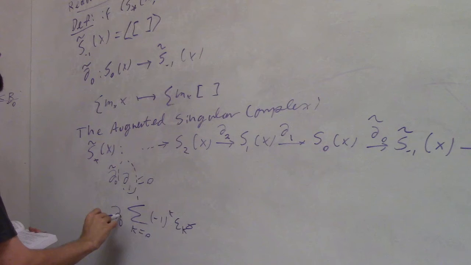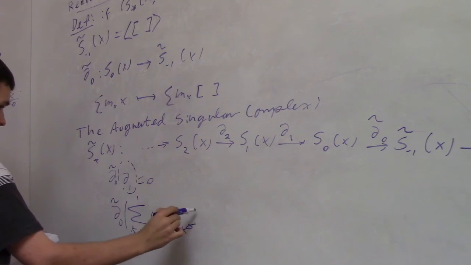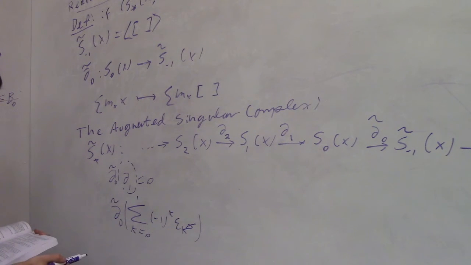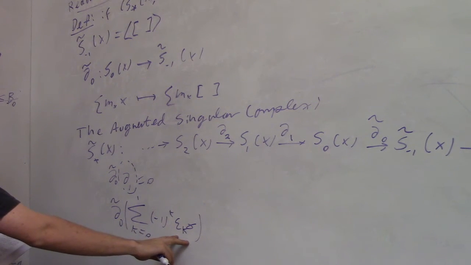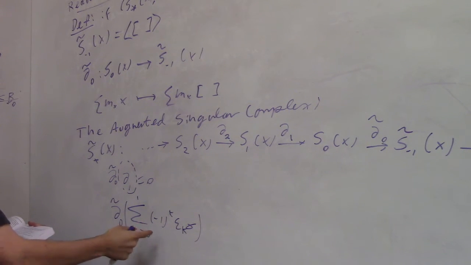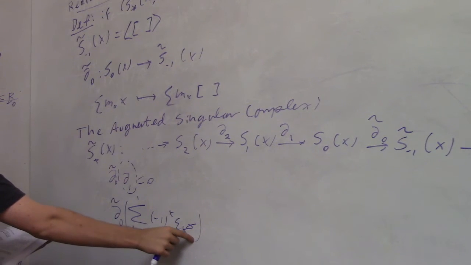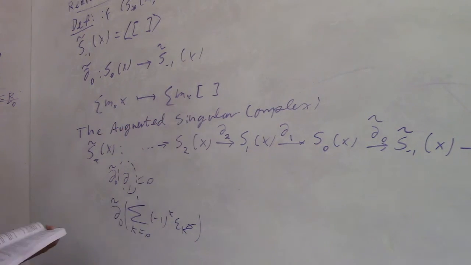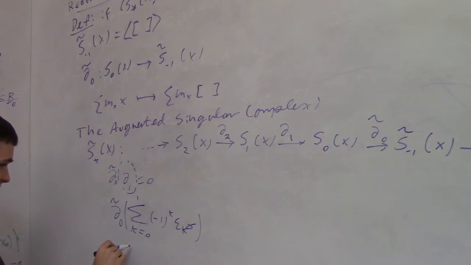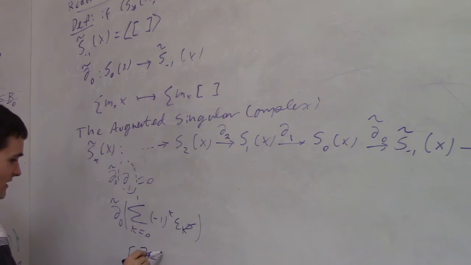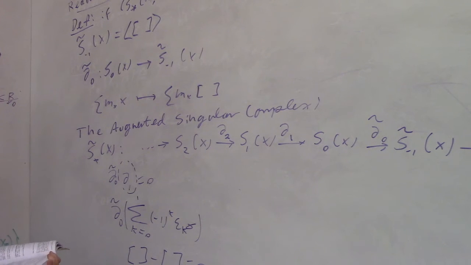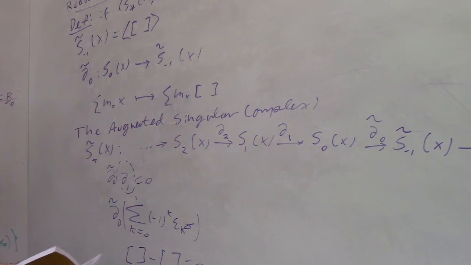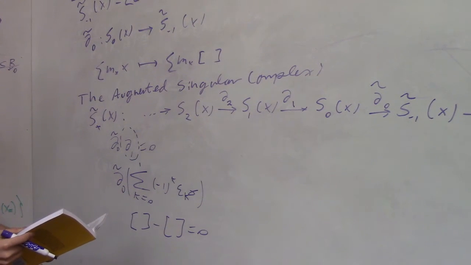So we take this, which is a linear map, and it's going to map to this bracket thingy. So essentially you just get bracket minus bracket, which is 0. So this is in fact a complex.